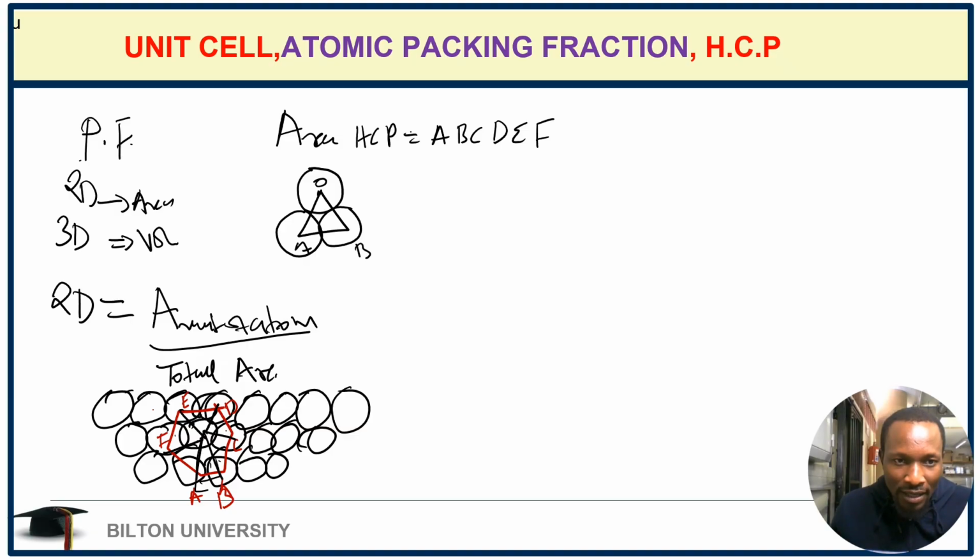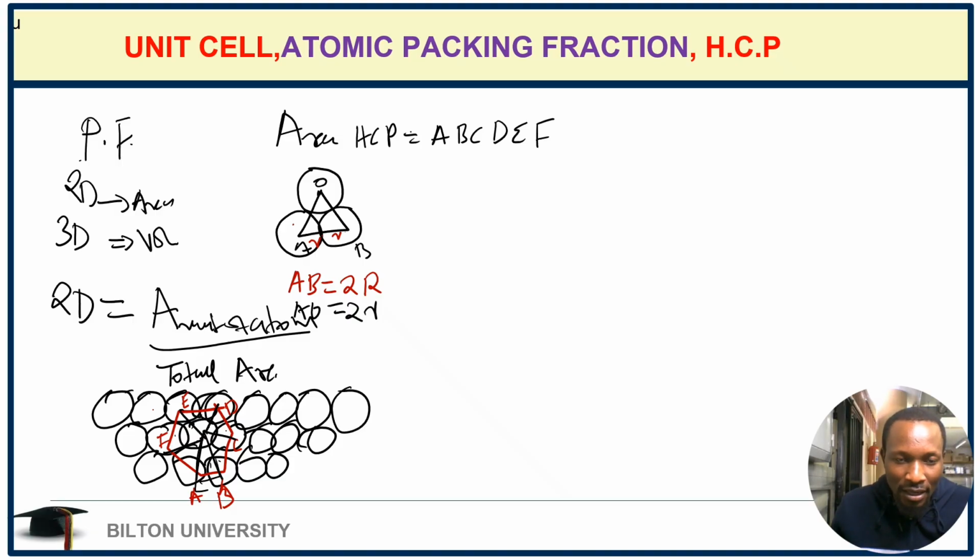If you look at the distance from point A to the edge of this atom, we have R, and the distance from the edge of this atom B to the center of this atom is also R, the same R and the same R. So we can say then AB is equal to 2R, and also AO is equal to 2R.